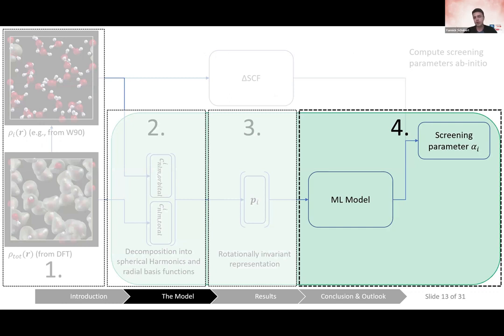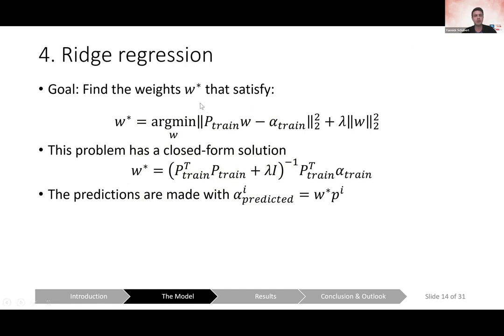For the machine learning model itself, we looked at different approaches, but what worked best in the end for our systems was simple ridge regression, where the goal is to find the optimal weights that minimize this regularized least square loss.